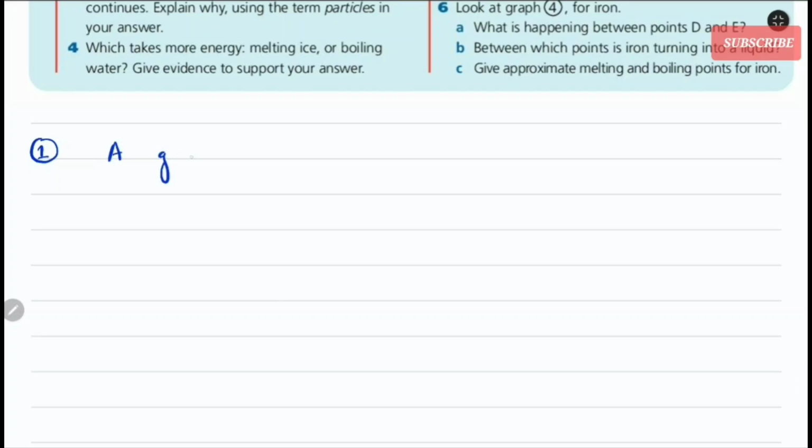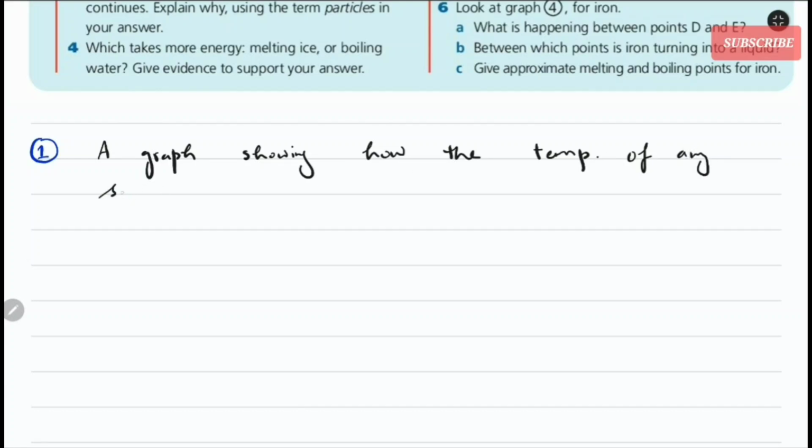Okay. So it's a graph or a curve showing how the temperature of any substance changes over time as that substance is heated, probably at a constant rate.